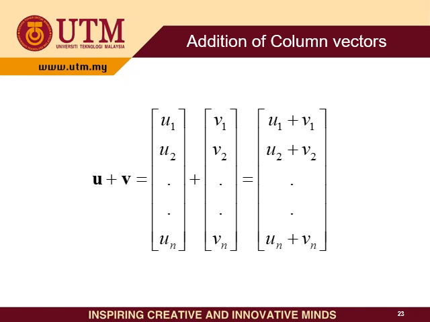Same goes with addition of column vectors. If you can see here, if you have a vector like this in a column format, u1, v1, so for u plus v, u1 plus v1, then u2 plus v2 until un, vn, so un plus vn.